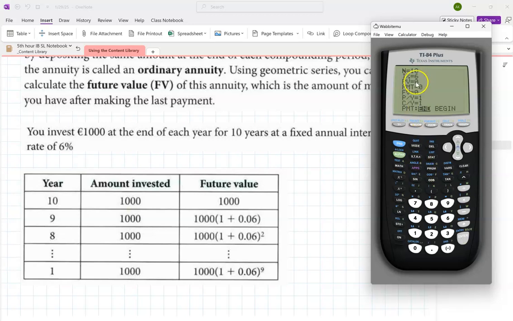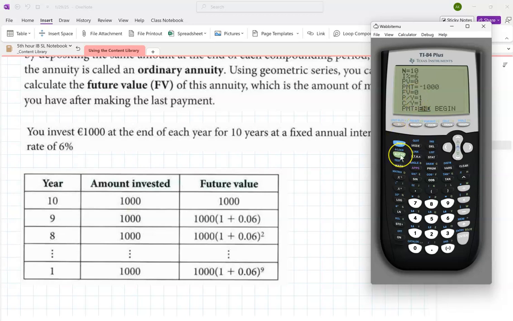The present value, well, this is a bank account that you're paying into, so there's nothing in there initially. The payment you should think about as a negative number because it's money that you're taking out of your pocket and putting into the savings account. So that's like a negative.